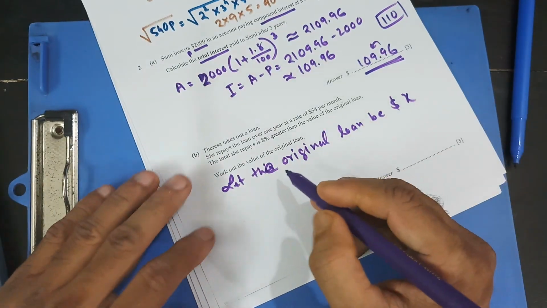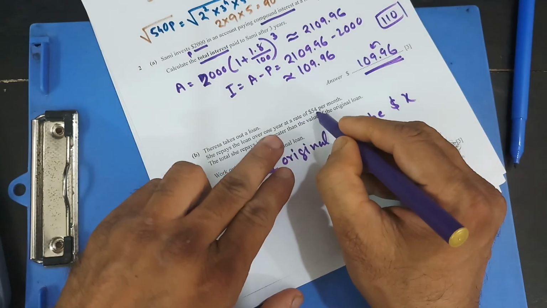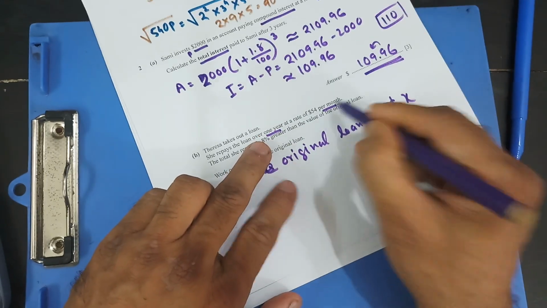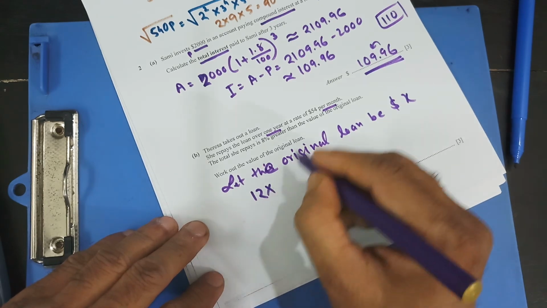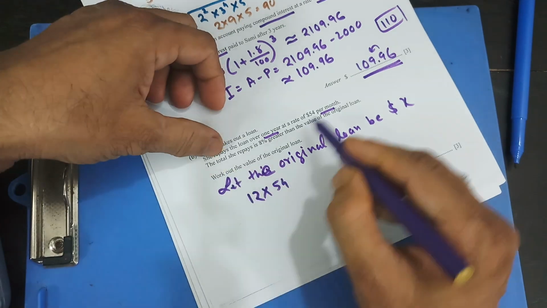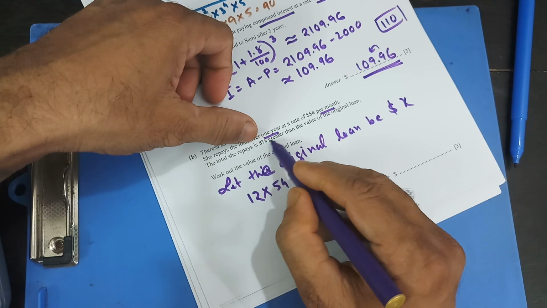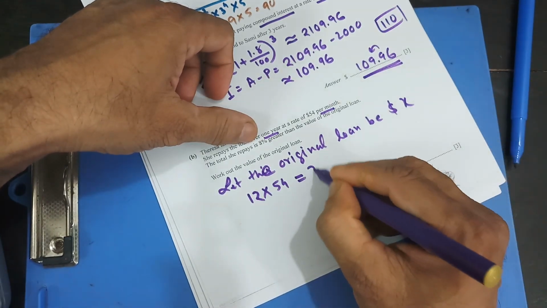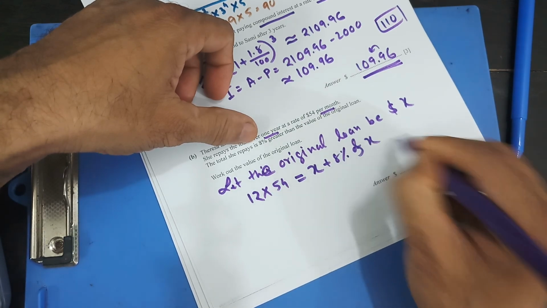No. Okay, X dollars. Now she pays the loan over 1 year at $54 per month, so the total amount she paid is 12 months, each monthly installment being $54. The total she pays is 8% greater than the value of the original loan, so this is equal to the original value plus 8% of X.